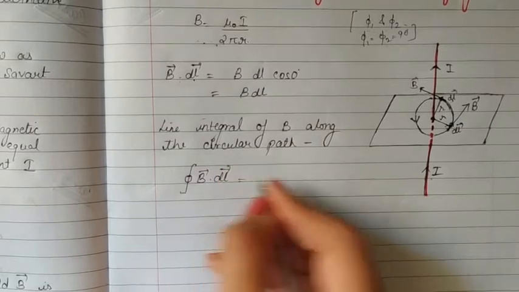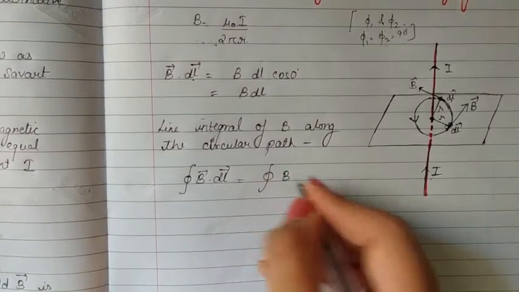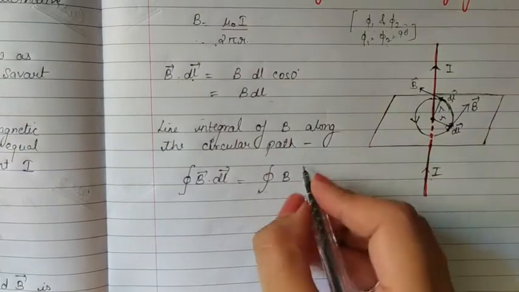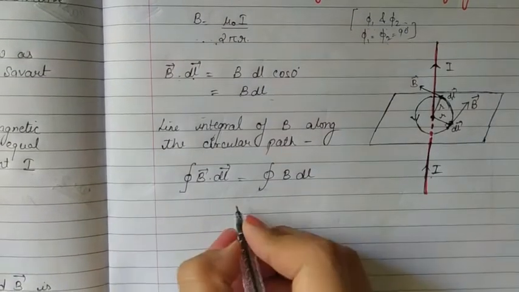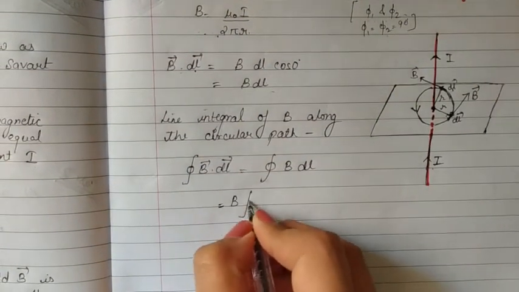Now B dot dl we have already found is equal to B dl, alright, and the magnetic field B is constant, so we can write it as B times the closed integral of dl.